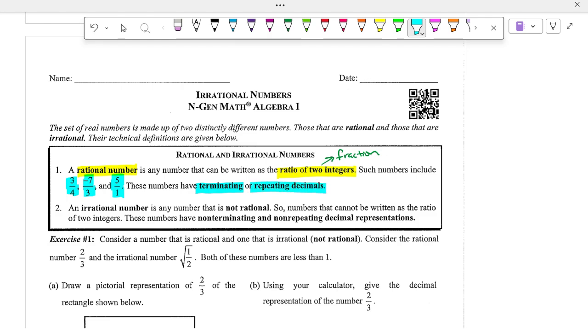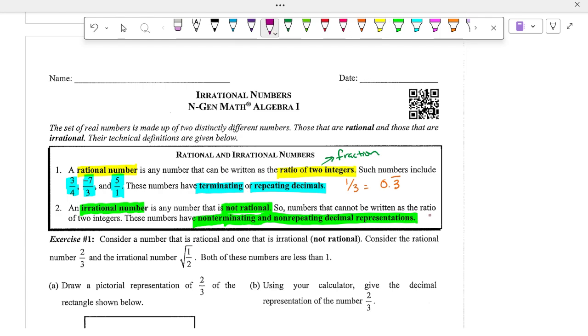So for example, 1/3 is equal to 0.3 repeating, and it repeats over and over again. So it has a continuous stream of threes, but it's considered a rational number because it has a clear pattern. An irrational number is any number that's not rational. Duh. In other words, it cannot be written as a fraction, and it has non-terminating, non-repeating decimal representations.